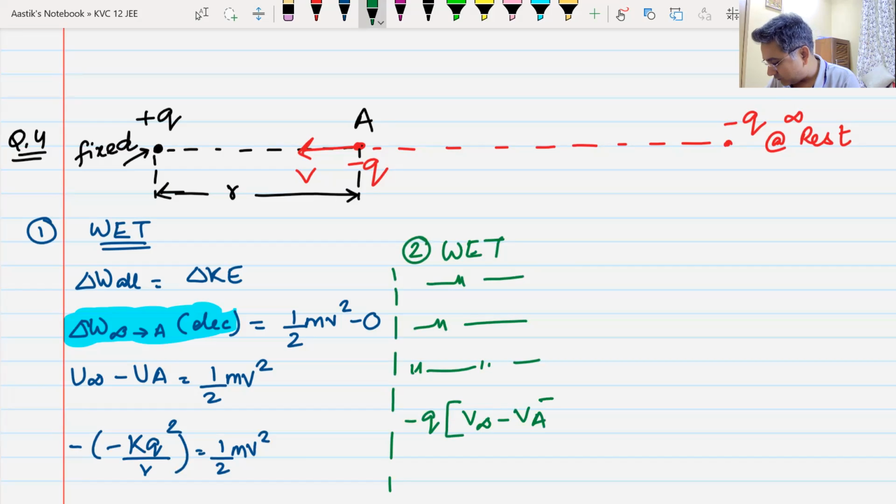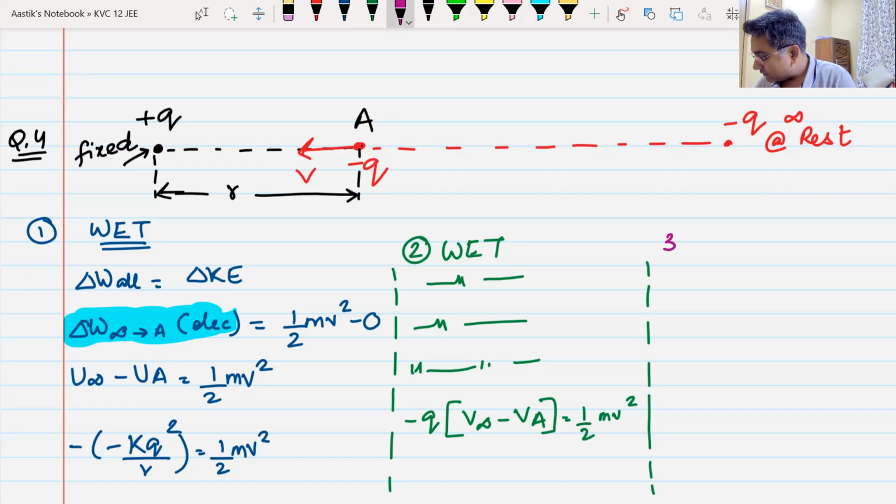Do we understand where I've changed the steps? That must be equal to half mv squared. So instead of finding the initial potential energy and final potential energy, I find the potential difference and multiply it by minus q, because minus q is the charge which is moving. We understand this? That is tarika number 2, which is derived from tarika number 1.